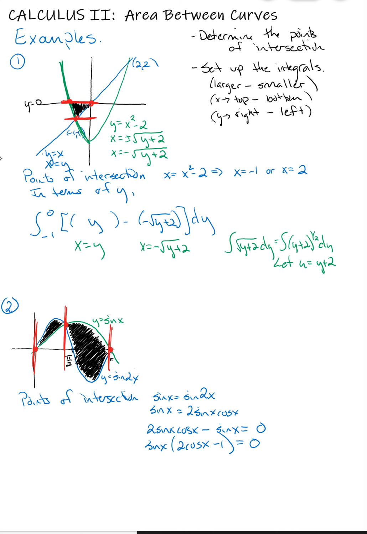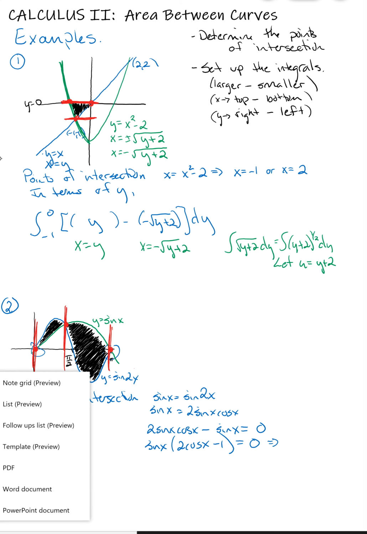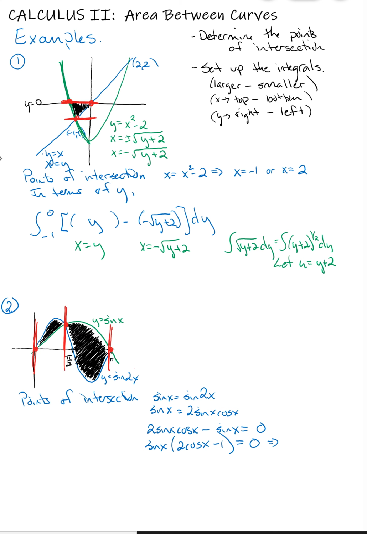And then again, this will give us x values. Actually, it's going to give us 3 x values. Sine of x equal to 0, we actually have a couple of them, and those are the ones you can see here. Those were hopefully the ones that are easiest to identify. So we'll get 3 x values here.